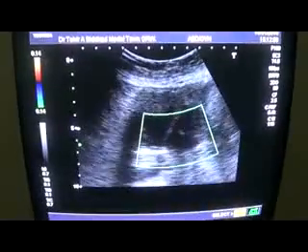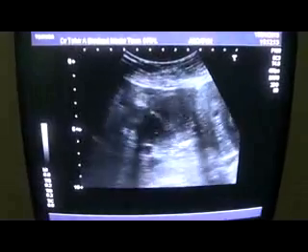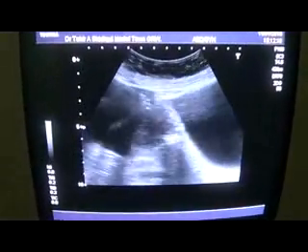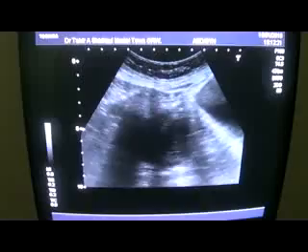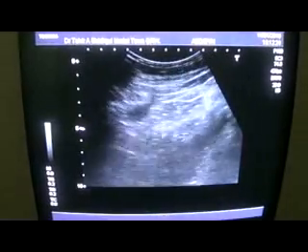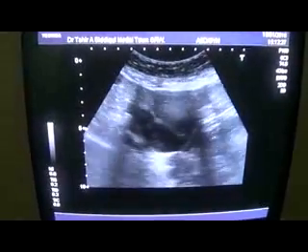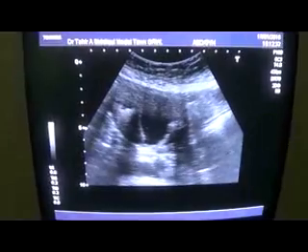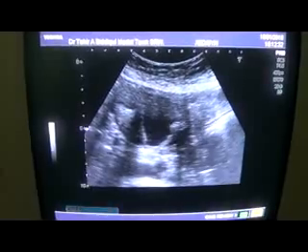So, right ovarian mass, complex, cystic, multiseptated, and here is the cyst with a small amount of echogenic material in it as well.